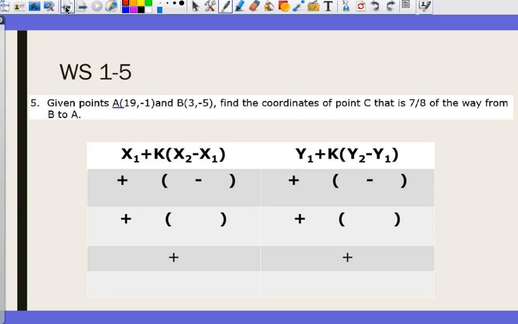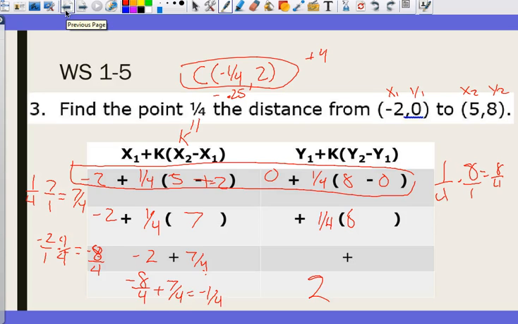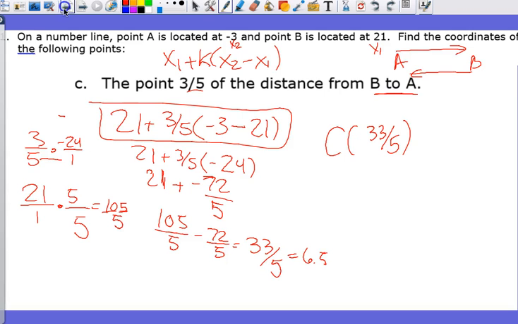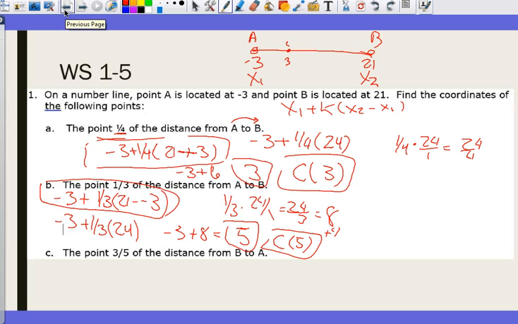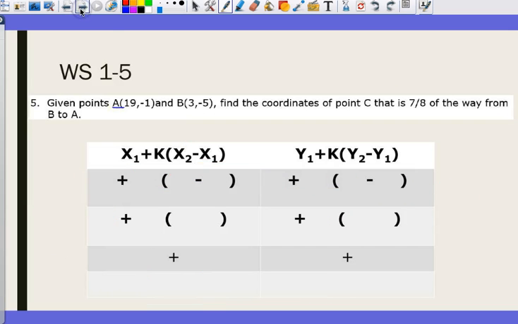Well, if you look here, we're going from A to B, right? We're going from A to B on this one. This one, we're going from what? B to A. That switches around your x1, y1s, x2, y2s. So the B is the one that's going to be your x1s, y1s, and your A is going to be the ones that will be your x2, y2s.